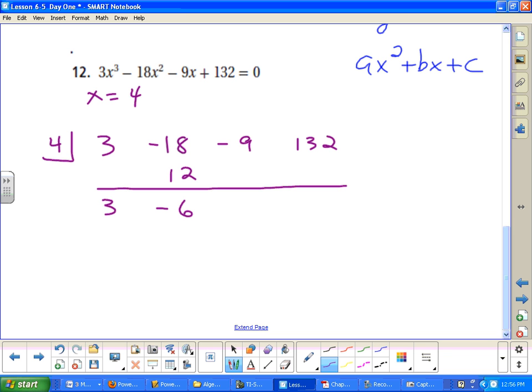Multiply by 4 and we get negative 24. So negative 33 when I add them. And 4 times negative 33 better be negative 132. So what I've just done is take this cubic function and reduce it to a quadratic. So this is 3x squared minus 6x minus 33. Basically, I factored it.